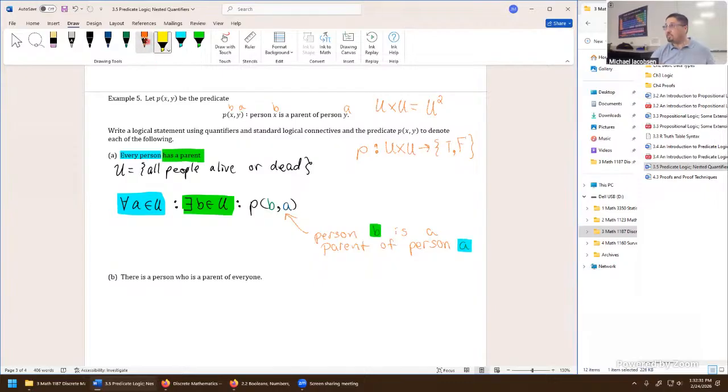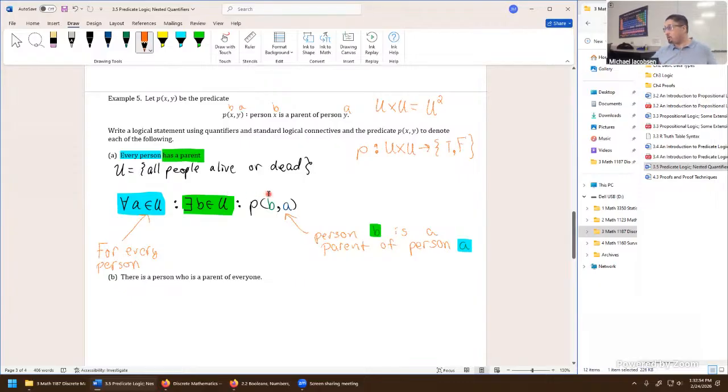Then we would look in the quantified portion right here. This is saying for every person, so we start with that. Next, we have exists another person B in the set U. The B was special because it went into the first input.